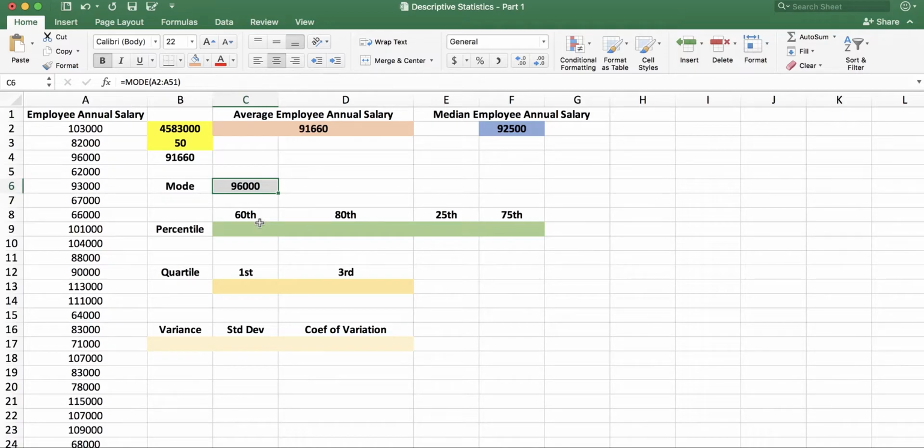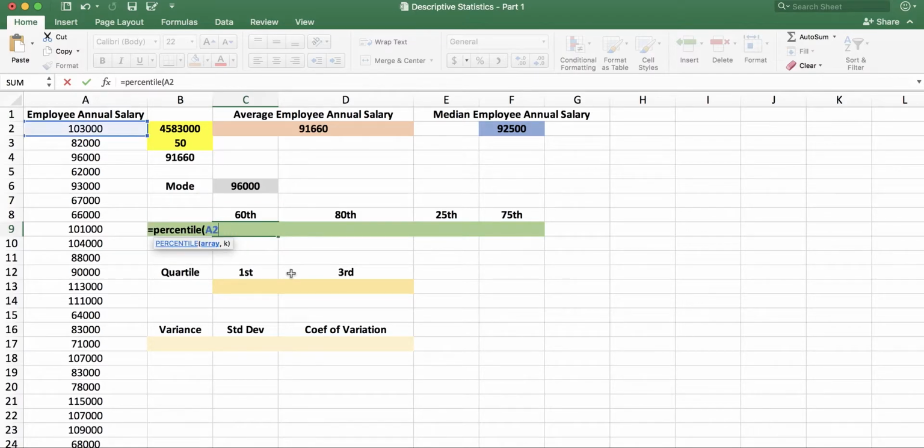Then the next statistic that we are going to calculate is the percentile. I have a random set of percentiles here. I'm going to calculate the 60th, 80th, 25th, and 75th. There's an Excel function for that as well. We are going to use the percentile function, A2 up to A51, and we need to enter which percentile we are trying to calculate.